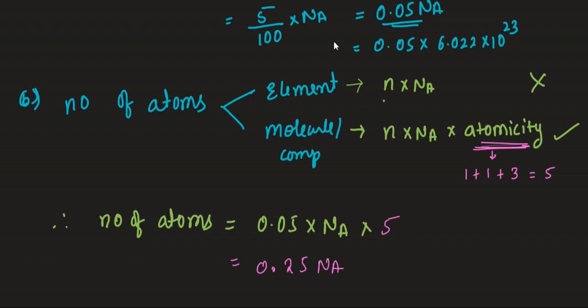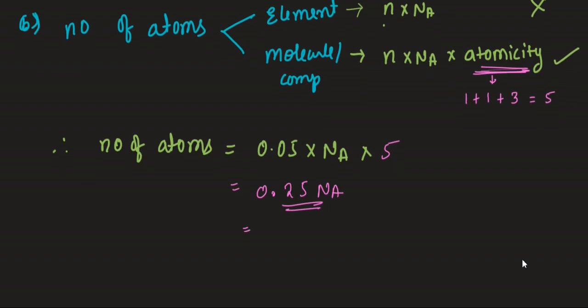So what are you going to get? 0.25 Avogadro's number. Okay. If in the option they're asking for the complete answer, then you have to go completely and substitute the value of Avogadro's number.